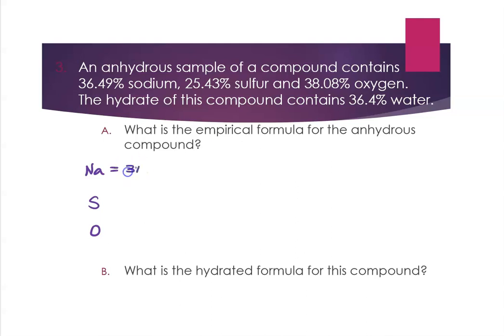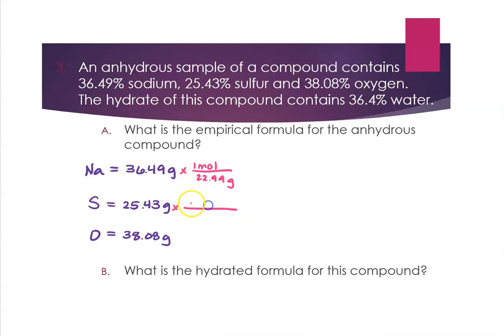So I have 36.49%, which means I have 36.49 grams of Na, 25.43 grams of sulfur, and 38.08 grams of oxygen. And then I'm going to divide by the molar mass of each. So I find the molar mass of sodium, molar mass of sulfur, and molar mass of oxygen.